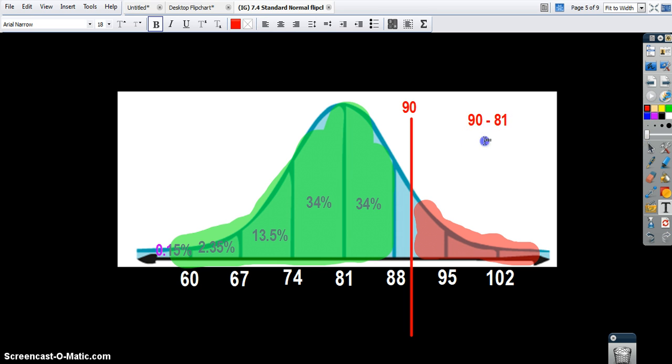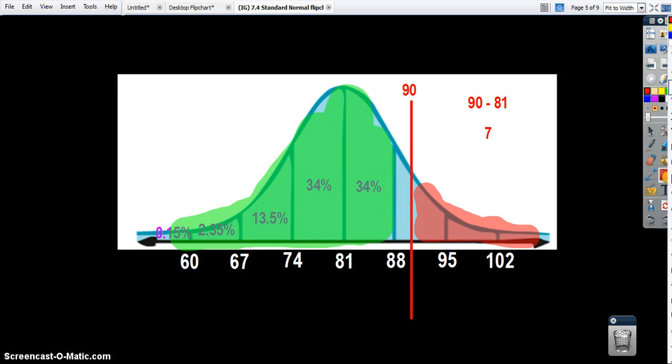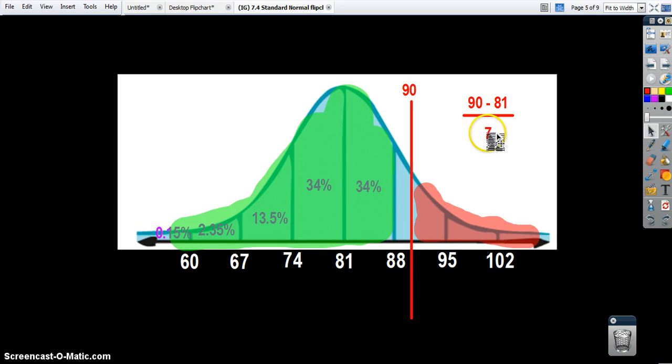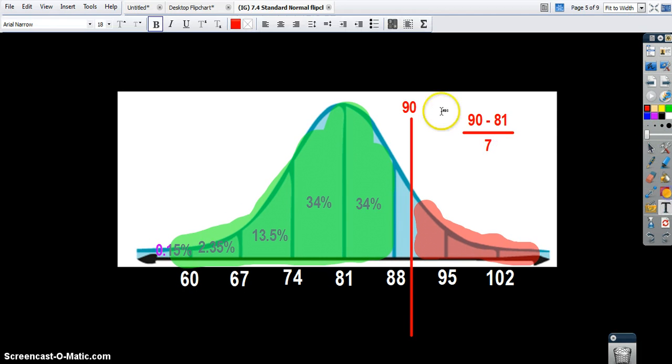Then I'm going to divide that by the size of a standard deviation, which for this problem was 7. Let me just find a little division bar here. And that's the formula for my z-score. And we would just say z equals that.